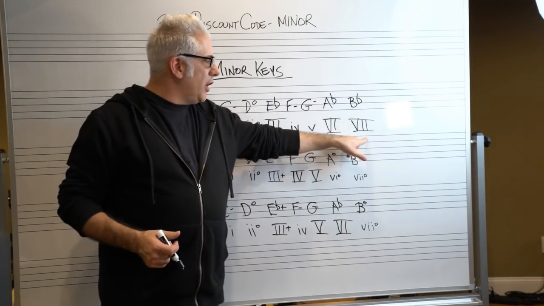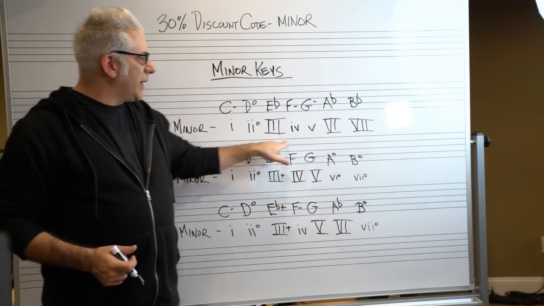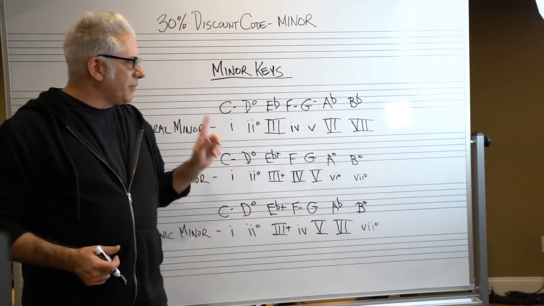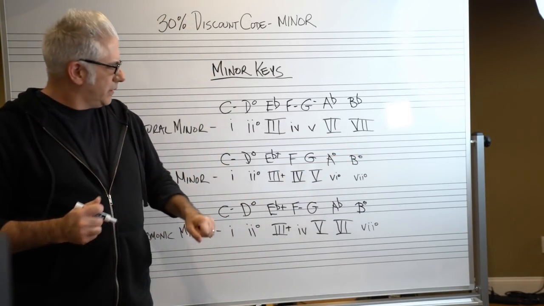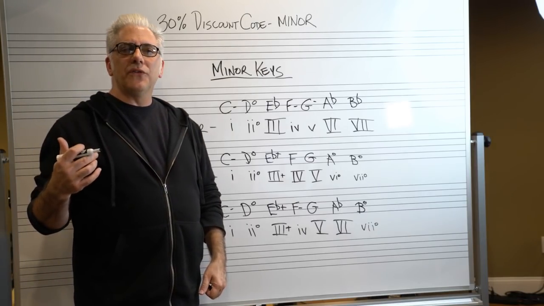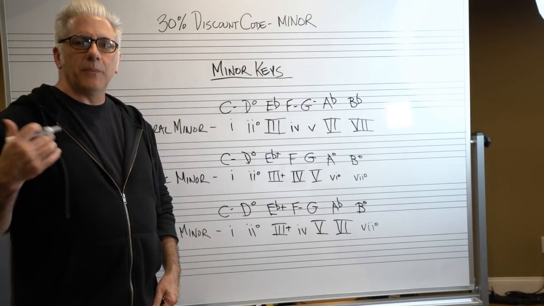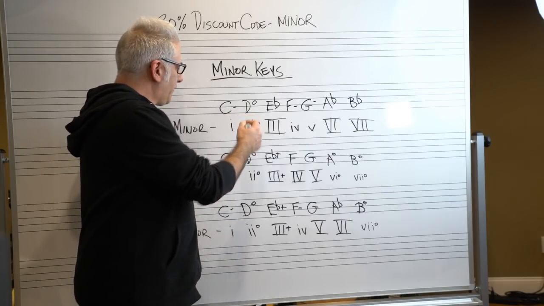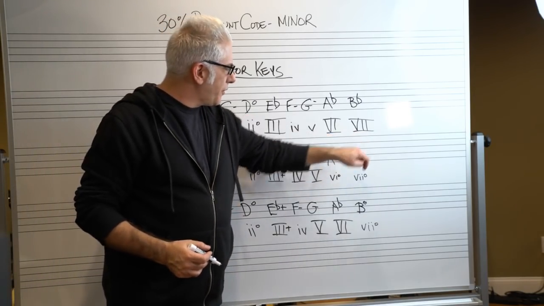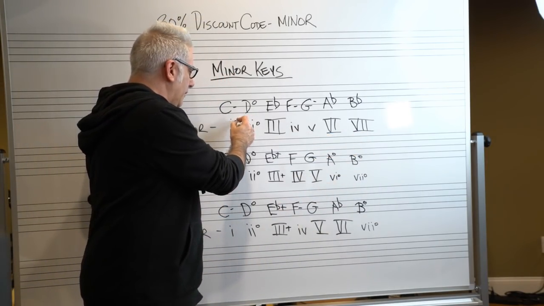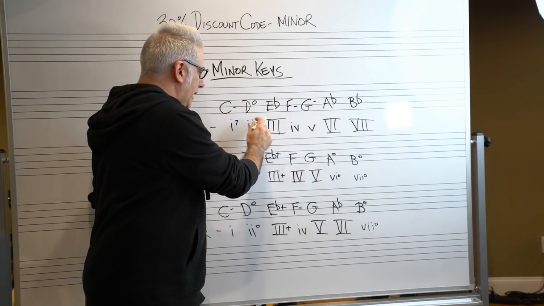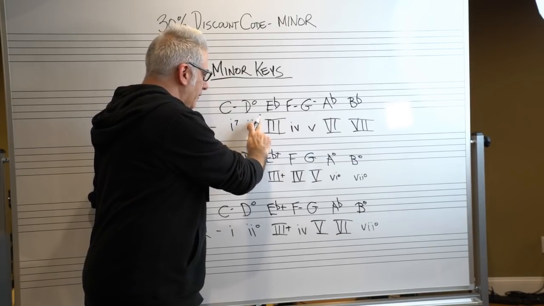The ones to know really for jamming and things is probably the natural minor, to know which type of 7th chords there are. So if I were to make these into 7th chords, so put a 3rd on the top, this becomes a minor 7. This becomes a half diminished 7, or I'd call it a minor 7 flat 5.